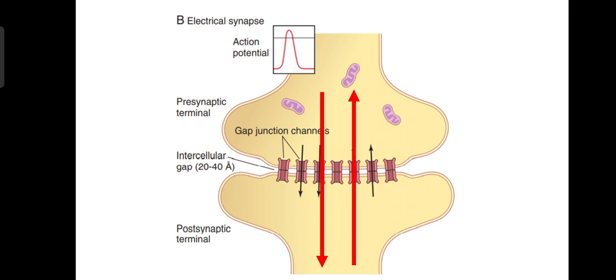The transmission between cells communicating through electrical synapses can be bidirectional, from this cell to this cell or from this cell to the next one.